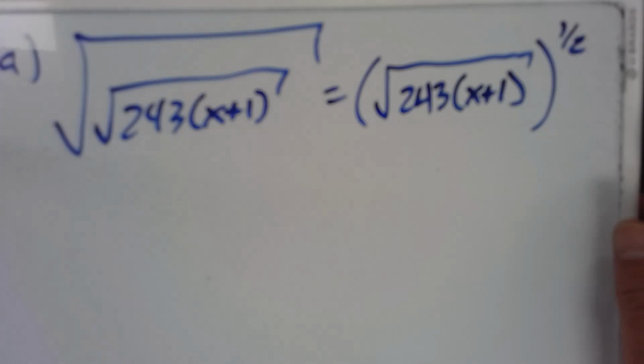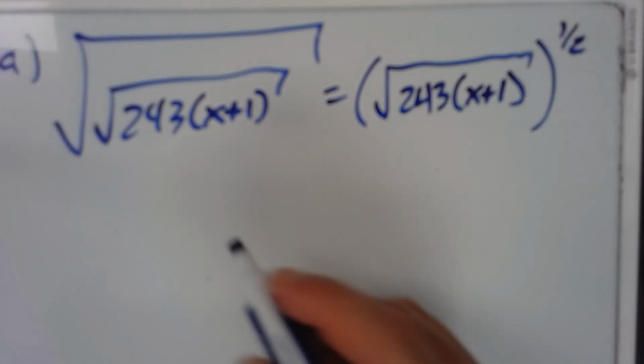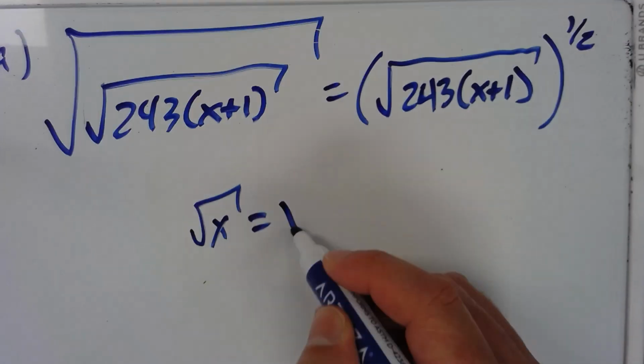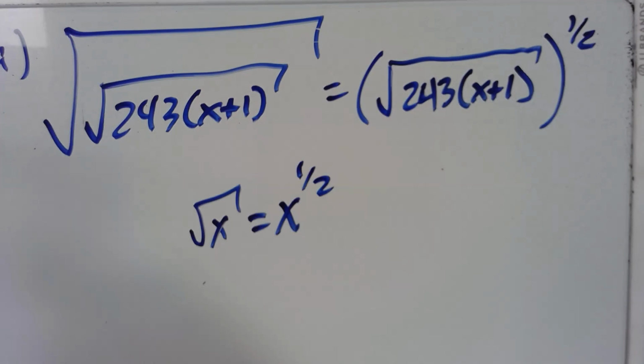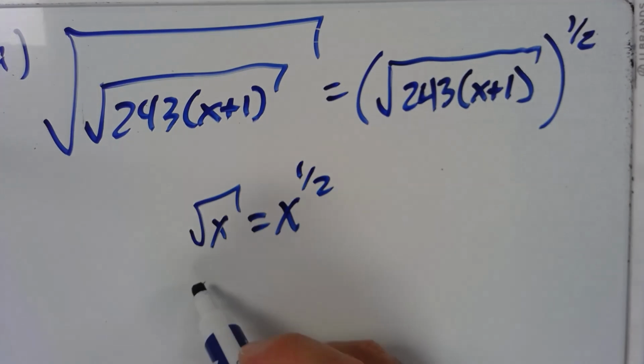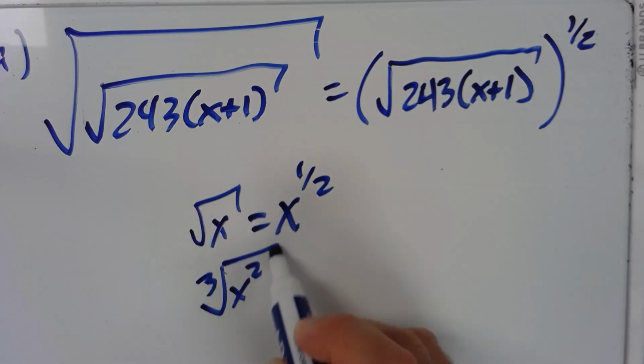Well, it's just a definition, right? The square root of x is the same as x to the 1/2. The cube root of x squared is the same as x to the 2/3. That's where they got that.